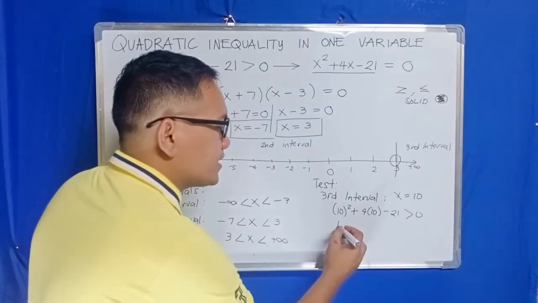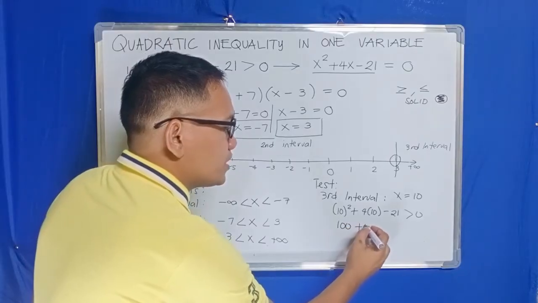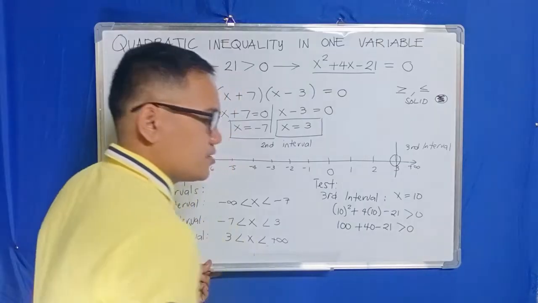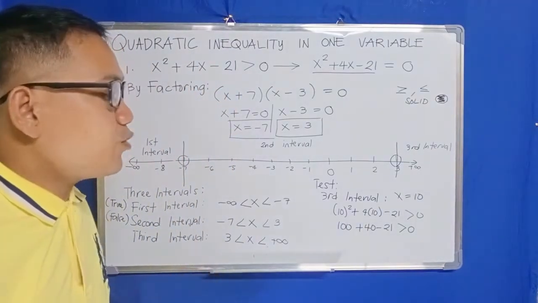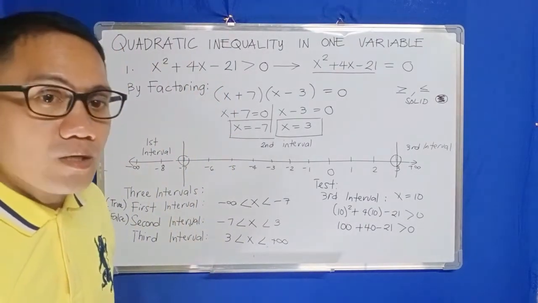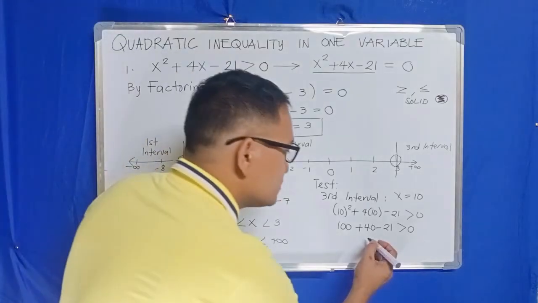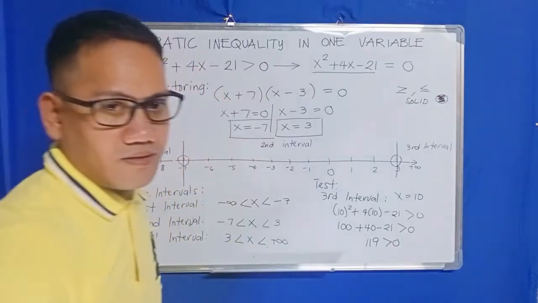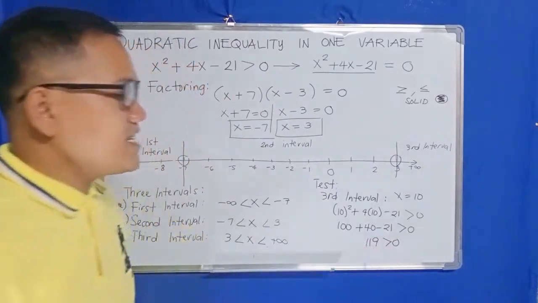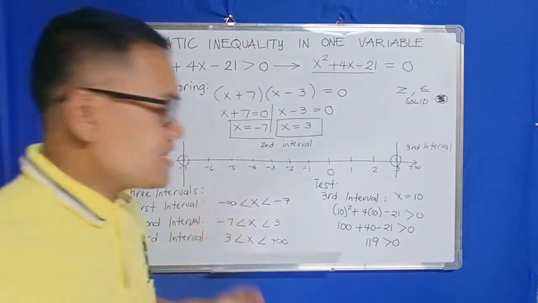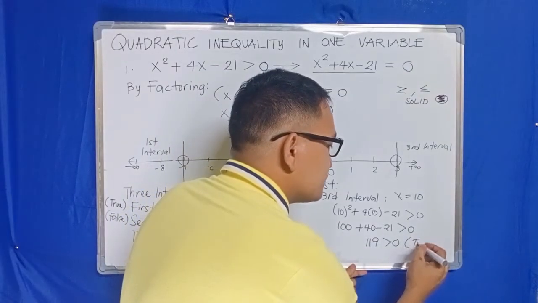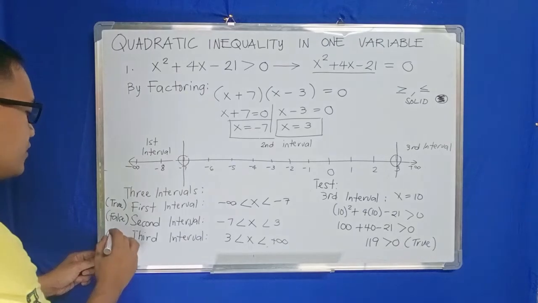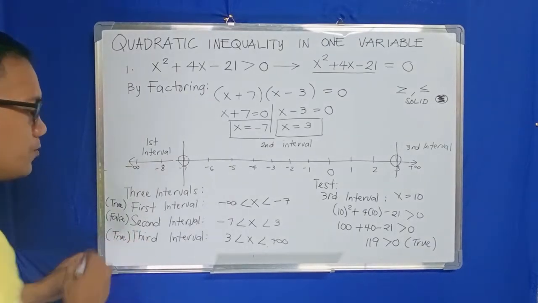So we will have 100 plus 40 minus 21 greater than 0. So 140 minus 21, the result is 119 greater than 0. Of course, 119 is greater than 0, and that leads us to a true statement. So we will label the third interval true.